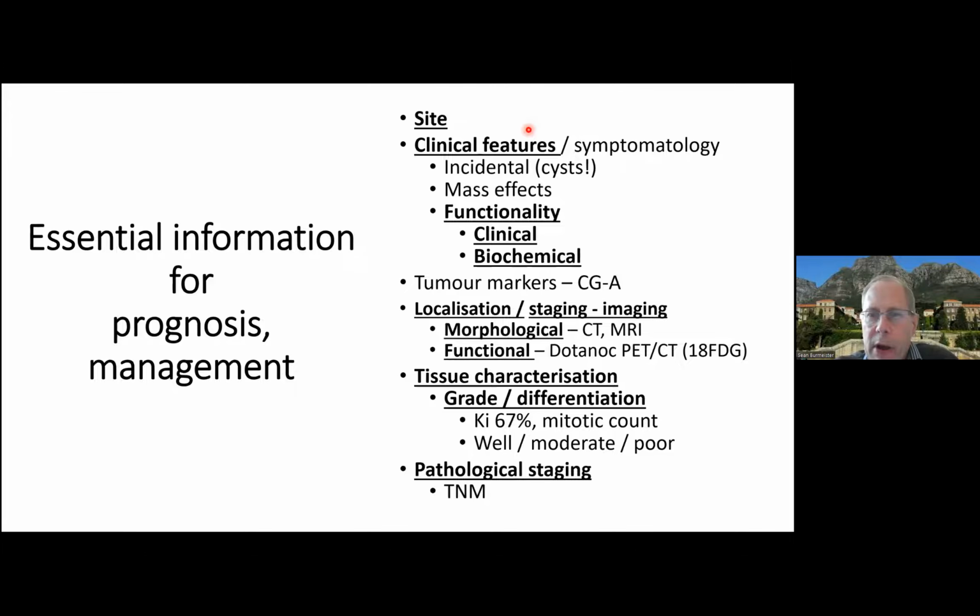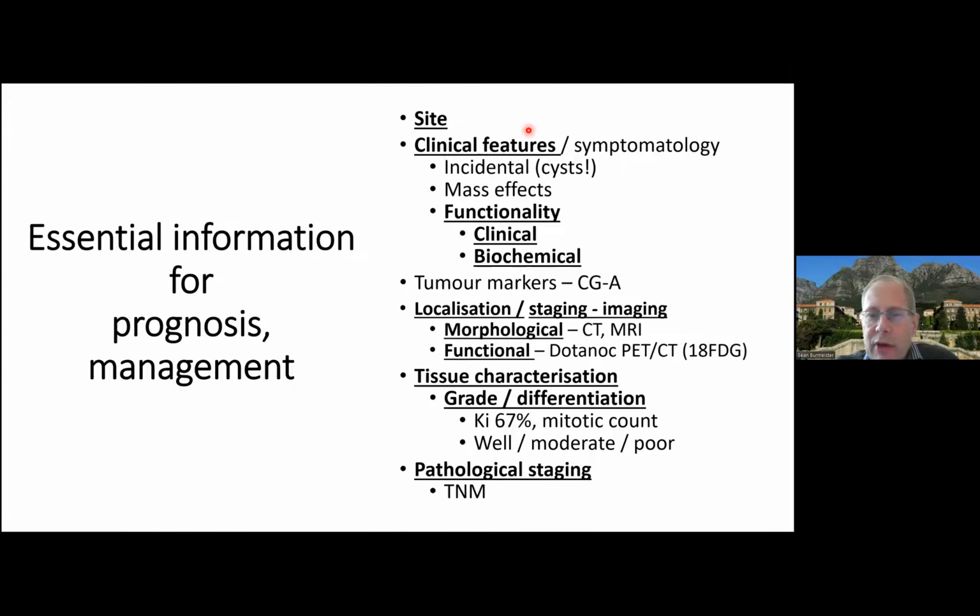I'm going to talk a little bit about that in detail later. And then there's functional imaging, which is your nuclear medicine scans. Usually a Dotatate PET CT is where one would start, although in patients where we suspect a much more poorly differentiated tumor, you may go the route of an 18 FDG PET CT.